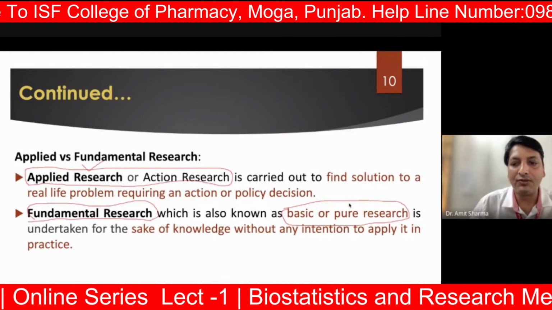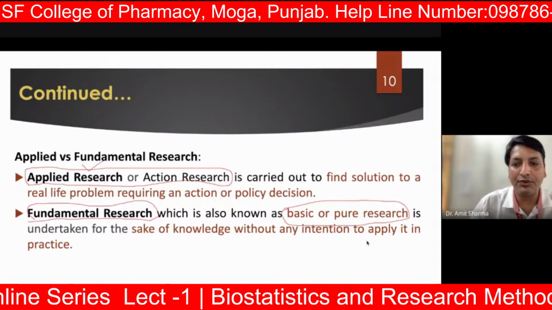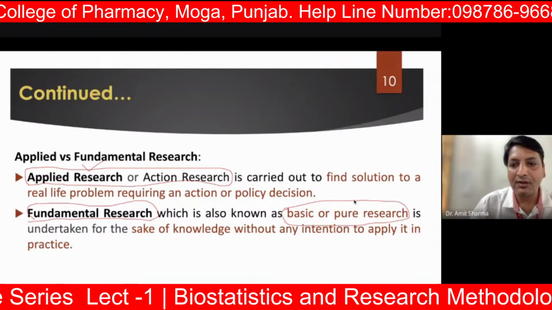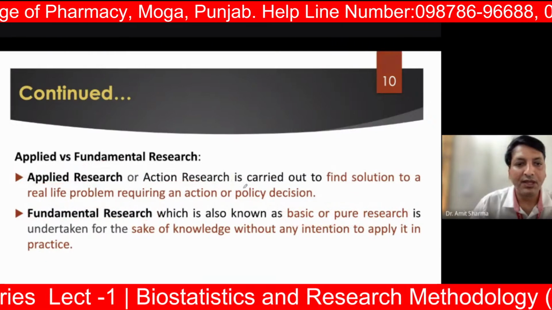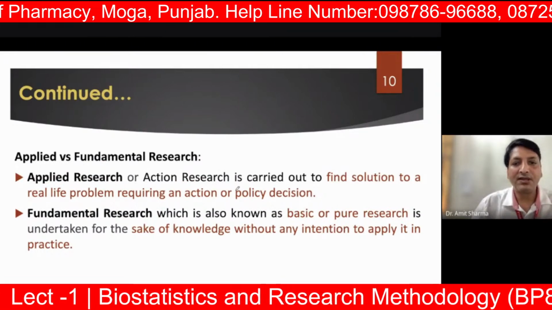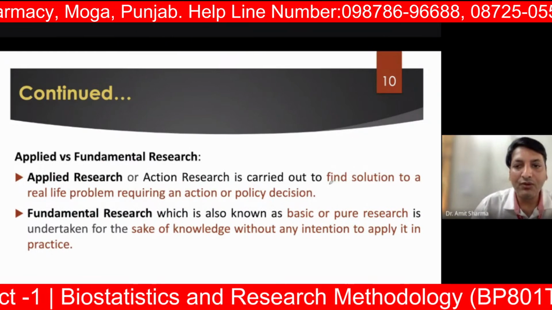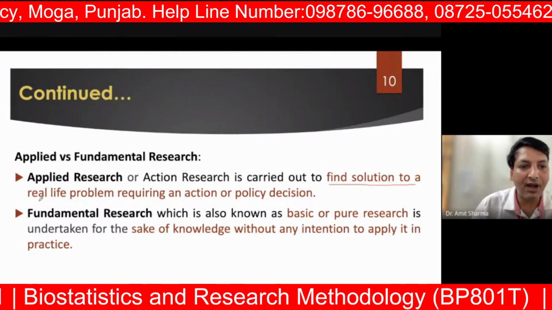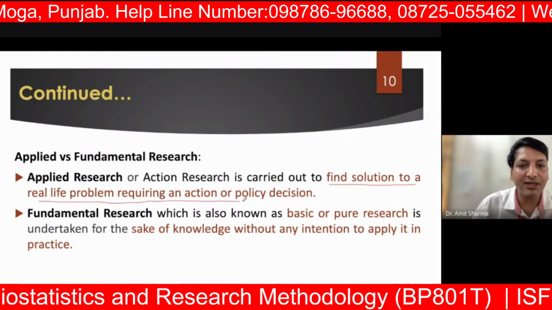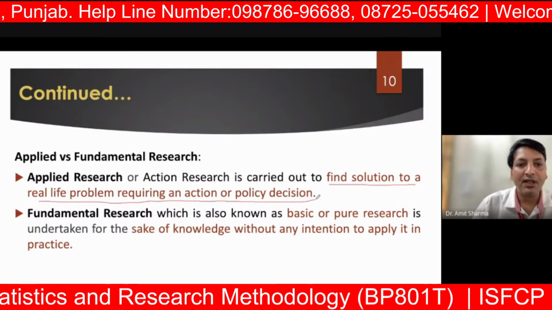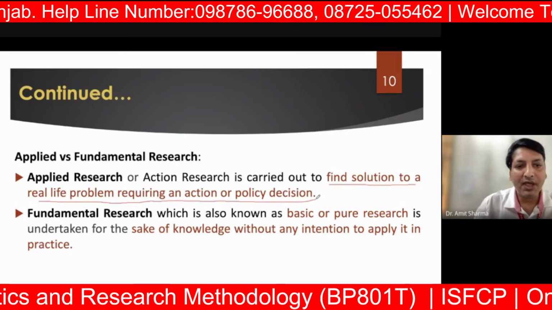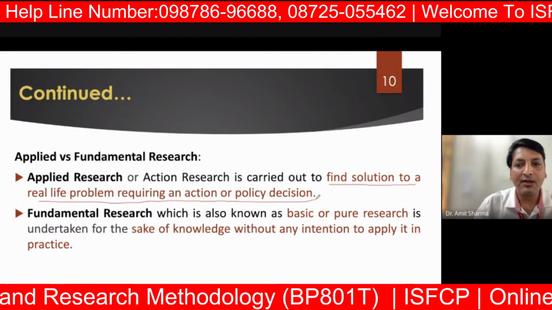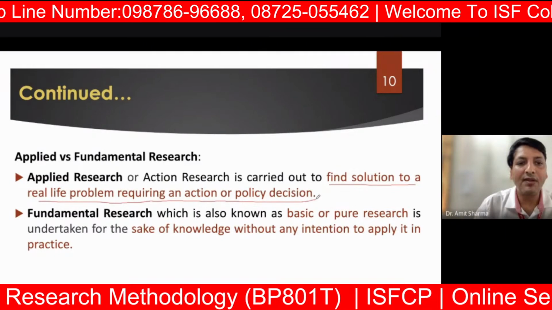Okay, so what does it mean, both types? Let me delete all these. Applied research or action research is carried out to find a solution to a real life problem requiring an action or policy decision. So applied research is carried out to find a solution for a real life problem.